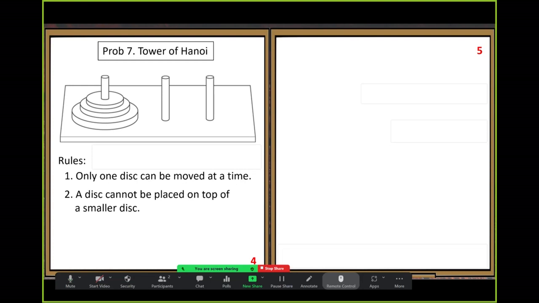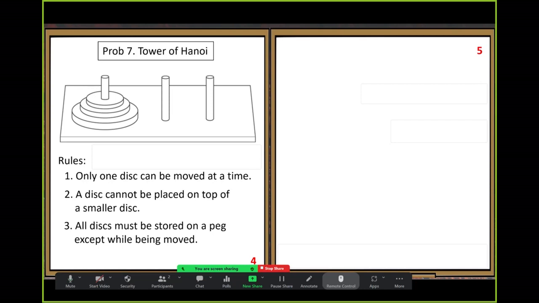Okay? All right. Rule number 3. All disks must be stored on a peg except while being moved. That means you cannot use the table or other places to temporarily put your disks. When you put your disk somewhere, it must be on one of the 3 pegs.